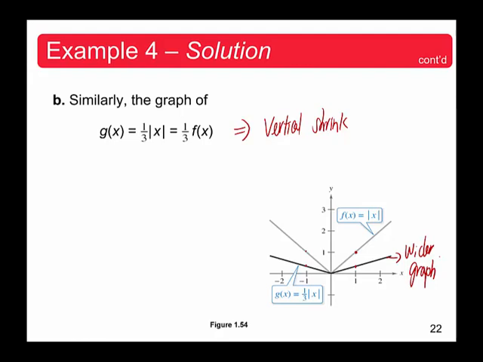Vertically it shrinks. It's like compressed to make it wider. So compressed effect. So that's why vertical shrink. It's like the vertical distance becomes shorter.